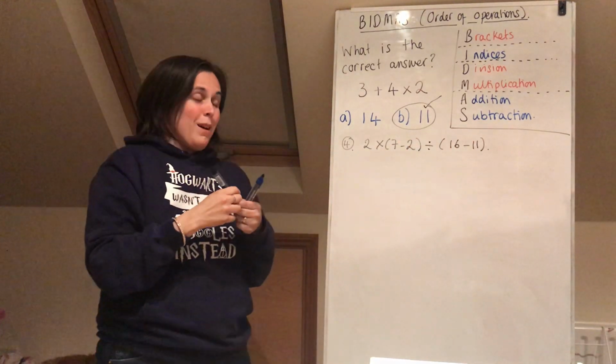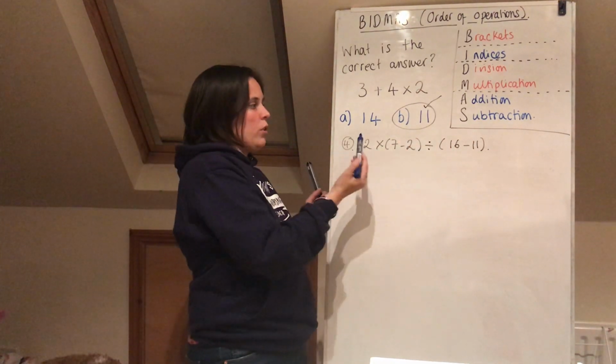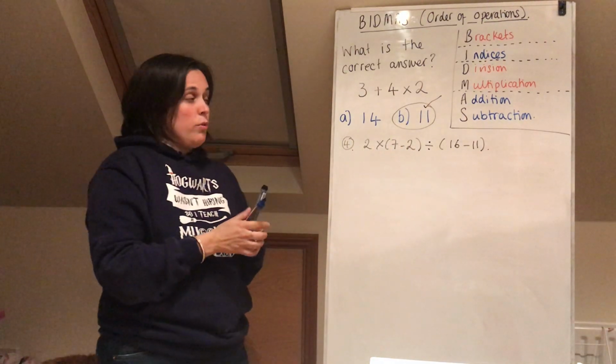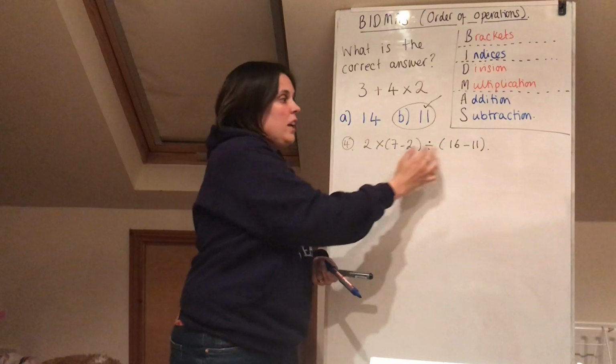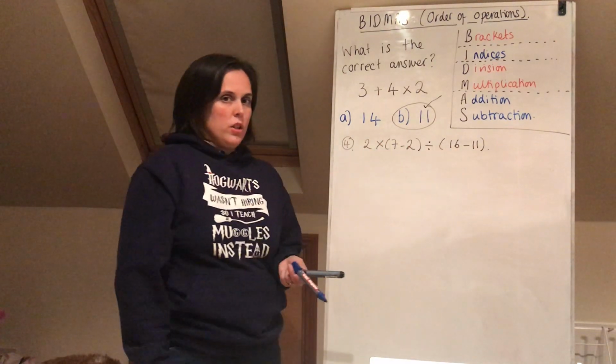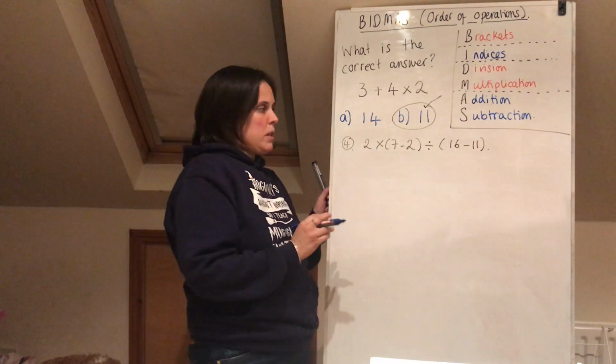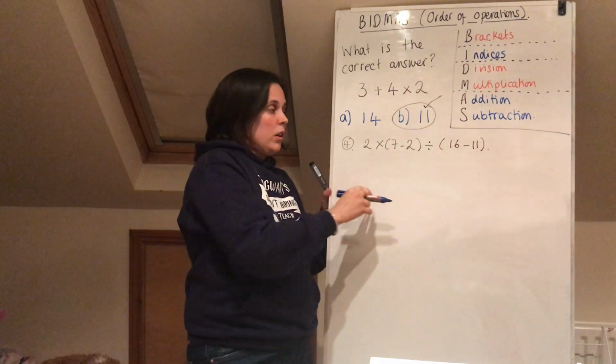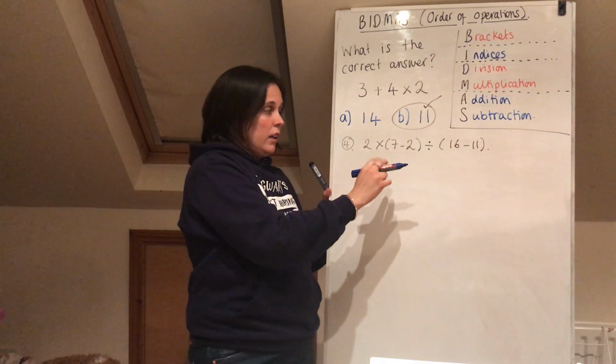Now, what I will say about this one, okay, we've got the times, we've got a divide, but we've got two brackets. Because we've got two brackets in there and they're kind of separated by this operation, to save ourselves a bit of time we can do the brackets both in one go on our next line of working, okay?